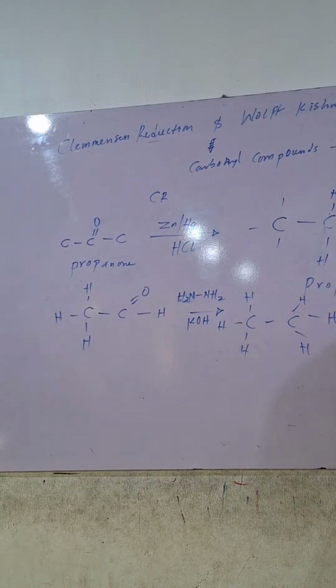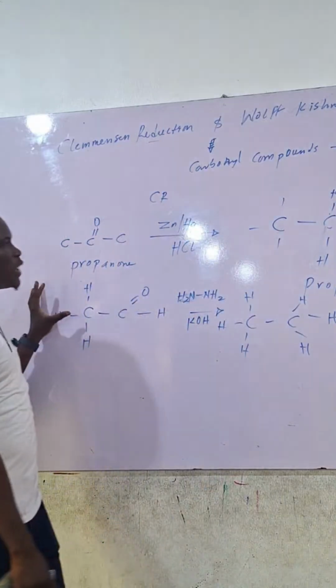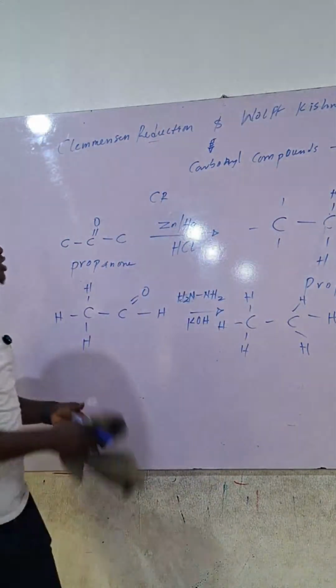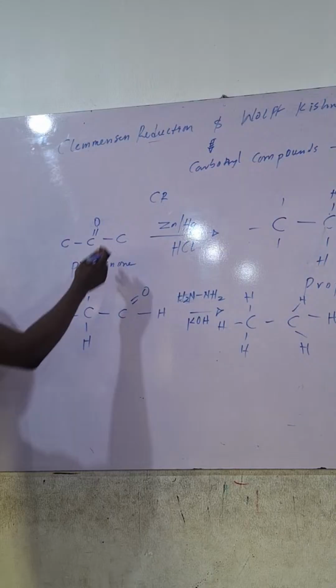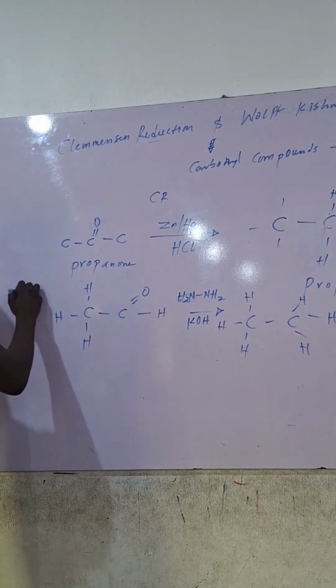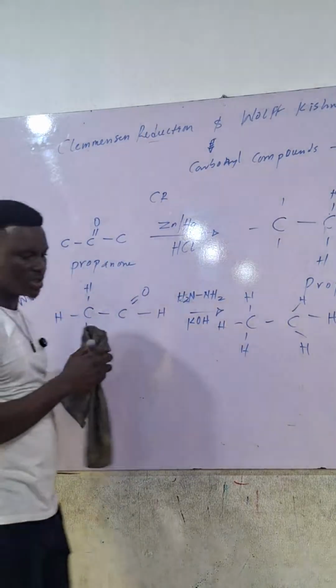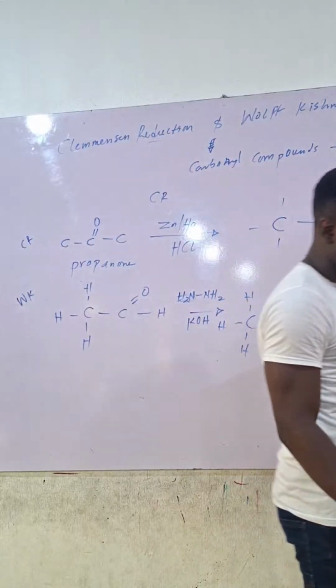So it's a 3-step reaction, but this is the overall reaction: conversion of carbonyl compound to alkane. So this is Clemmensen's reduction. The reagent is just the difference. This is Wolff-Kishner's, that is Clemmensen's reagent, in case they ask you. So which one is next?